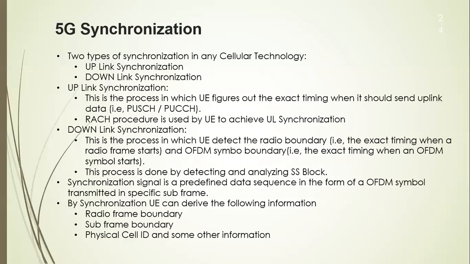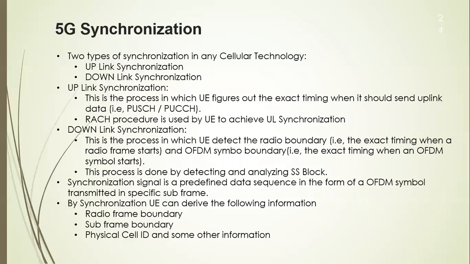Uplink synchronization is the process in which the UE figures out exactly when it has to transmit, where it has to transmit, which physical channel it has to use, and when it has to use it. This is called uplink synchronization.